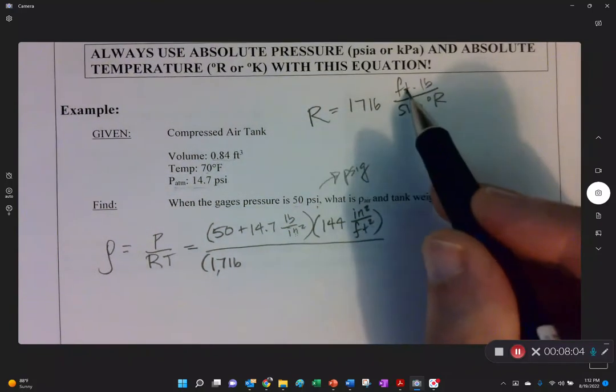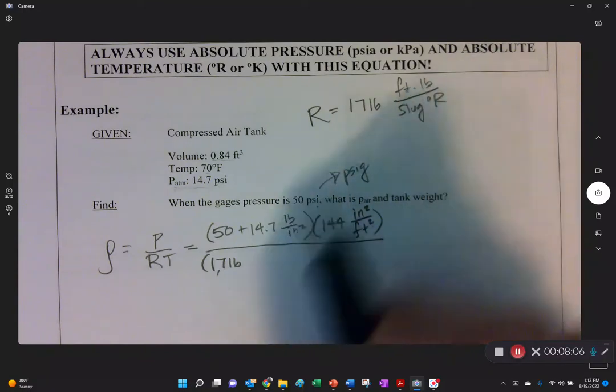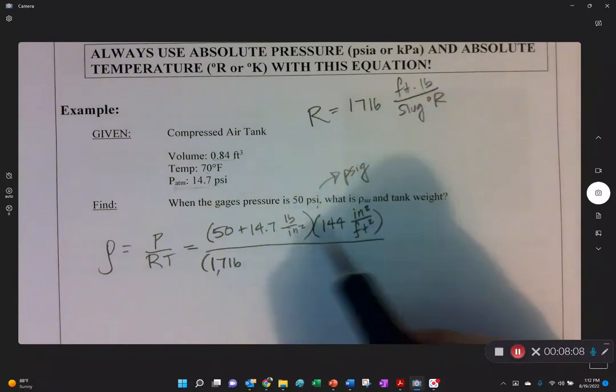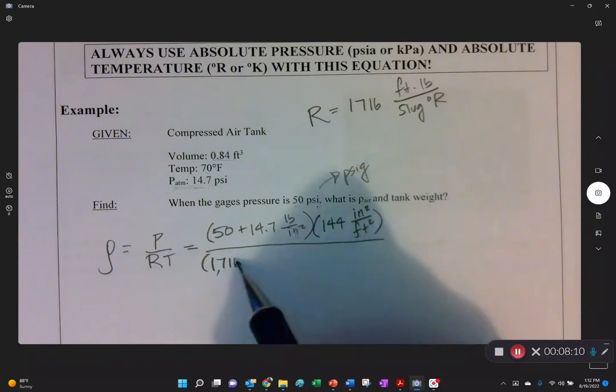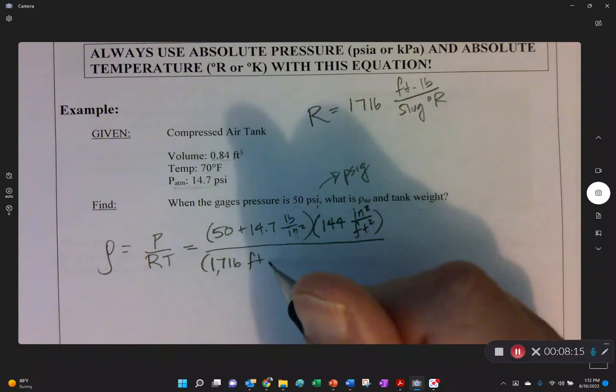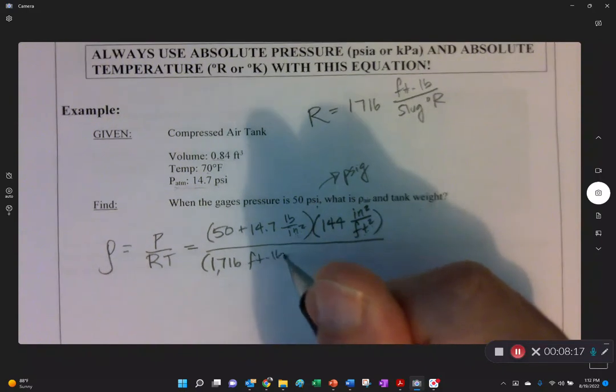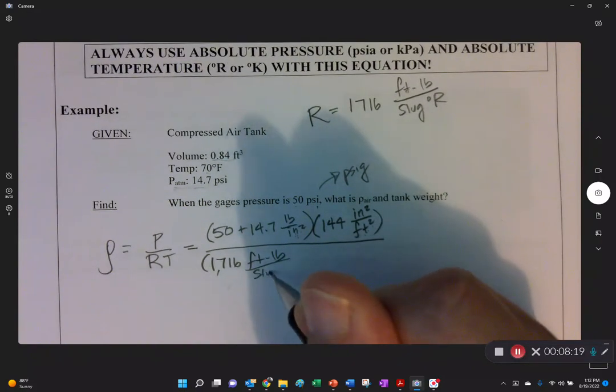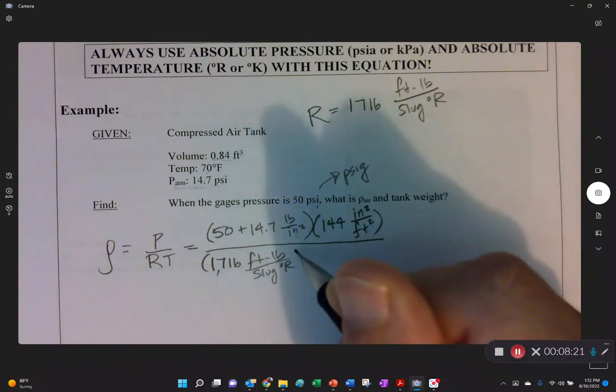Now we have, because we're trying to get the units to match up, inches squared, so we need to turn that into feet squared so that we have feet, pounds per slug degree Rankine, right?